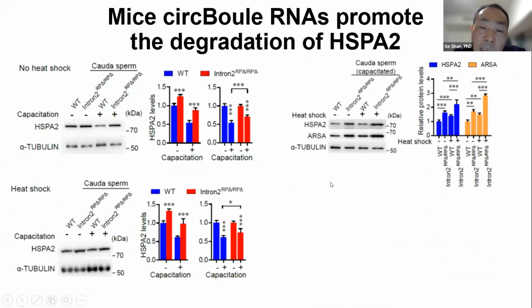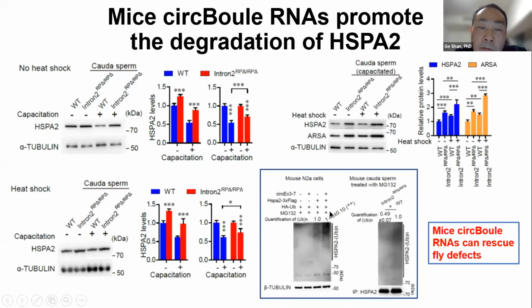Here we can see at the molecular level again, circBoule RNA in mice also promotes the degradation of HSPA2 protein by promoting its polyubiquitination. Interestingly, the mice circBoule RNA can rescue the fly defect.